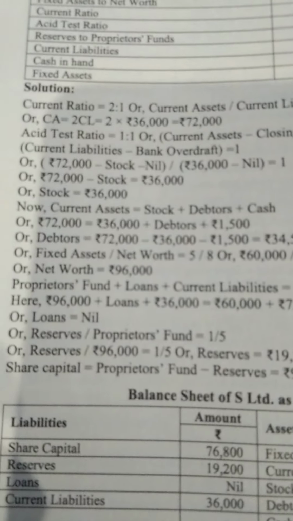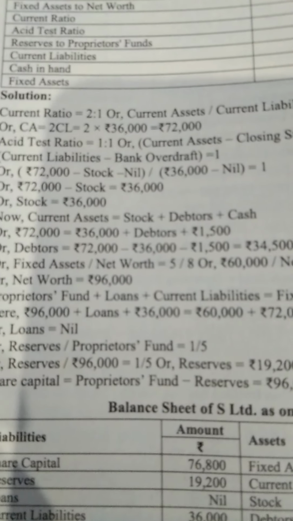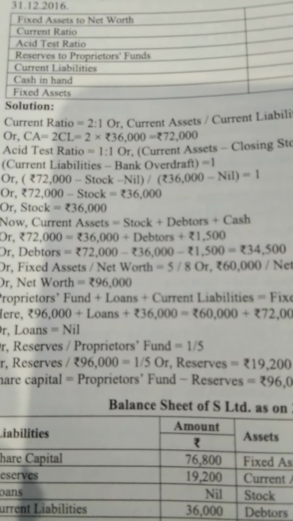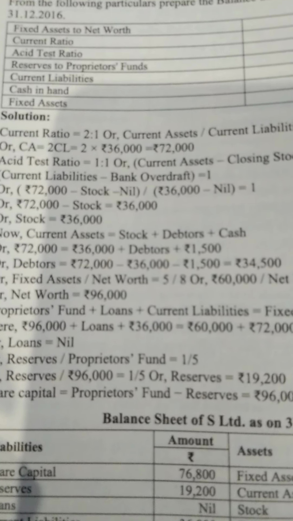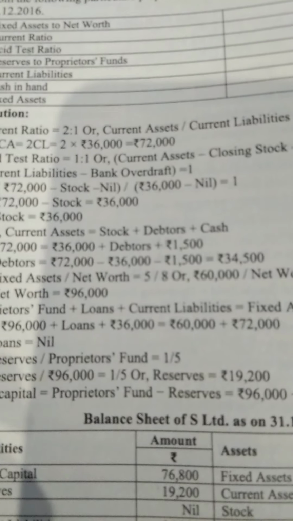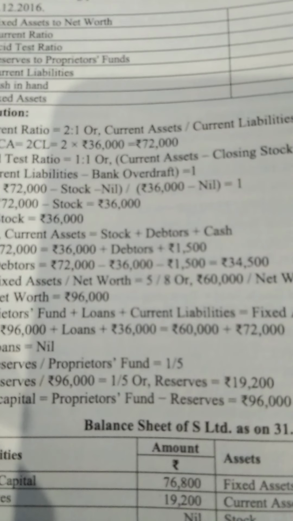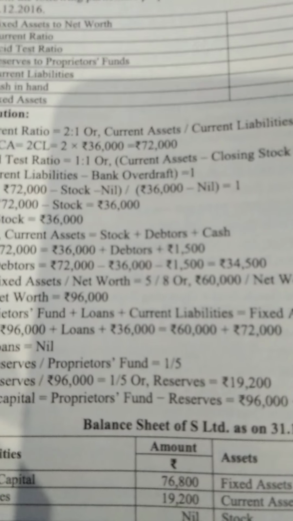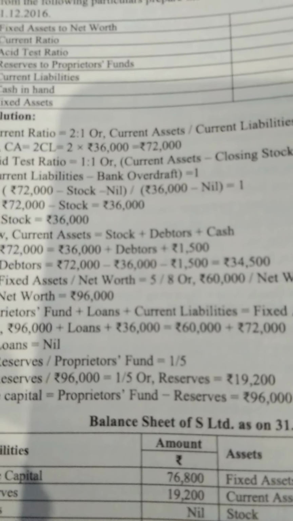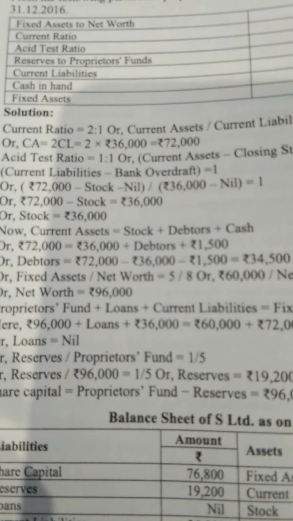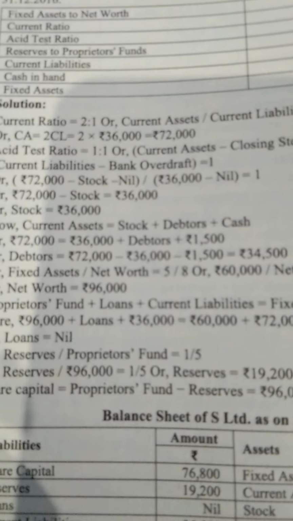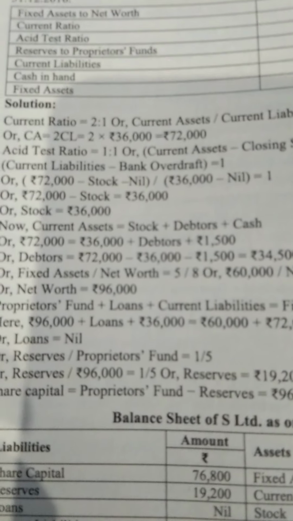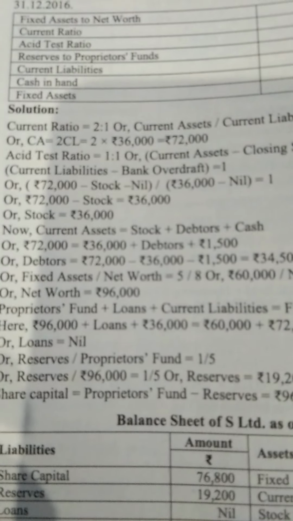Now generally, current assets comprise closing stock, debtors and cash. You can say, sir, there may be other current assets also, like prepaid expenses, accrued incomes, and bank, but as that information is not given, current assets are considered to comprise stock, debtors and cash.